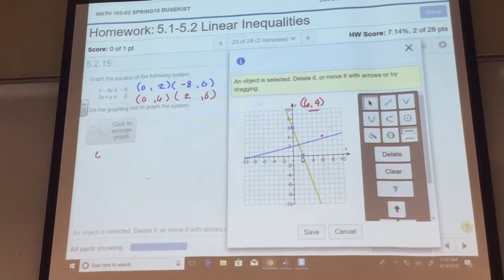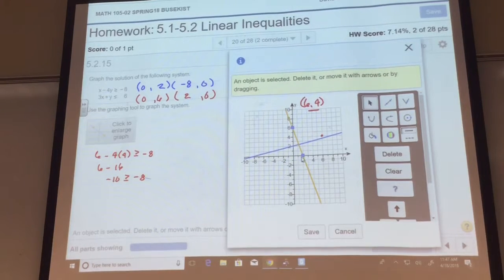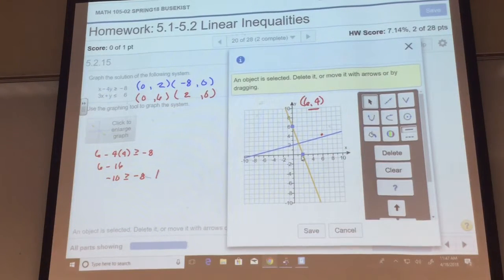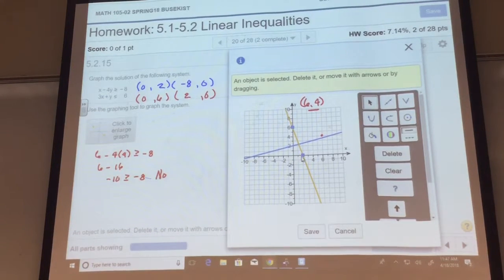So let's see. 6 minus 4 times 4 is greater than or equal to -8. 6 minus 16 gives me -10. Is -10 greater than or equal to -8? No, it's not. I'm better off if I'm $8 overdrawn than if I'm $10 overdrawn.